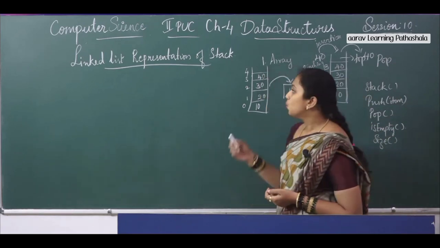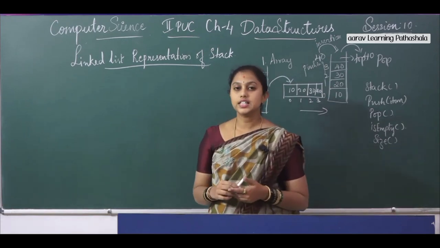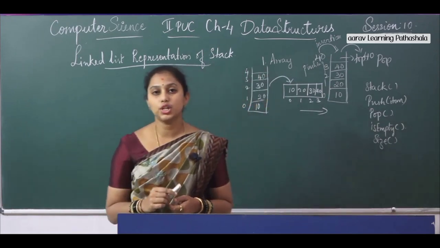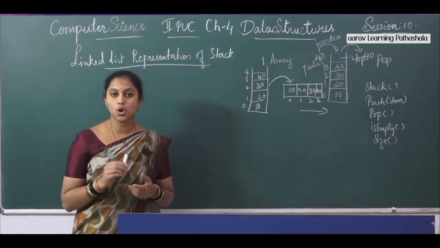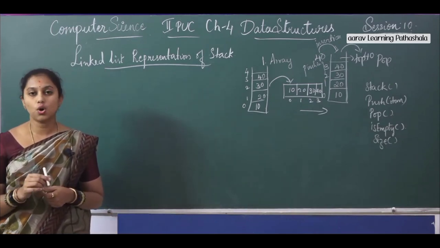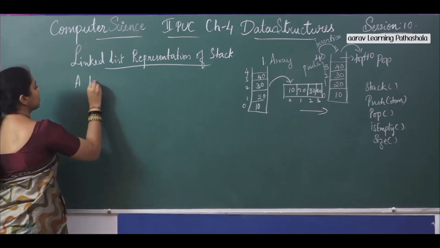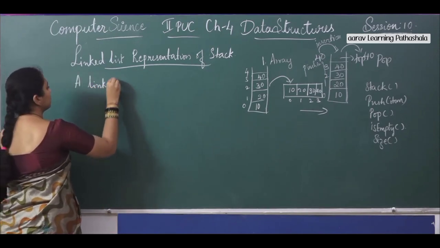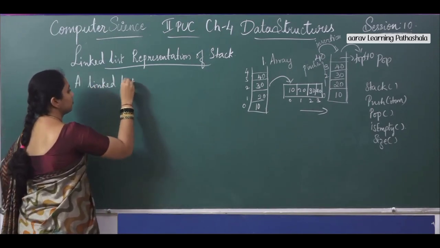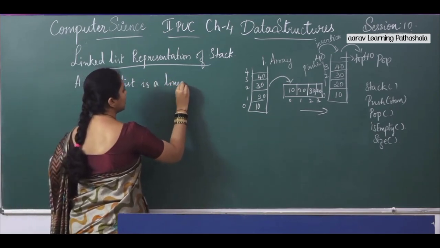Now let's see what is a linked list. A linked list is a linear collection of data elements called nodes.